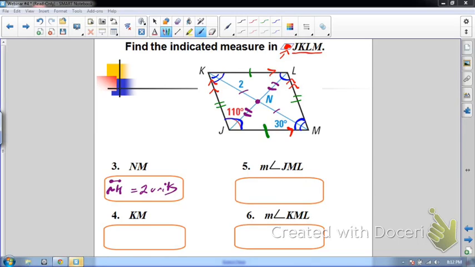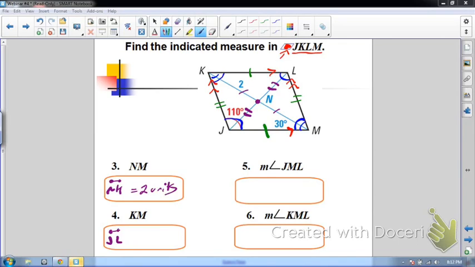Number 4 says KM. Okay, that will be congruent to JL. So the line segment JL. Okay. So please remember how to break this apart into its smaller components so that you can answer each individual question.